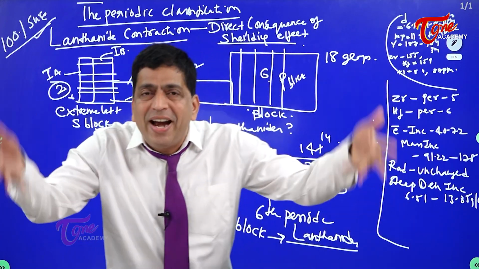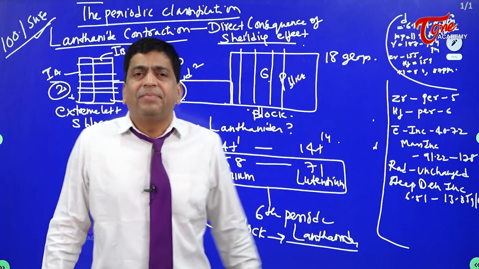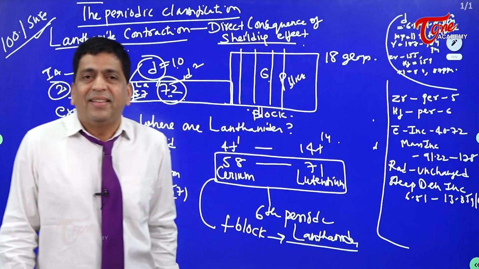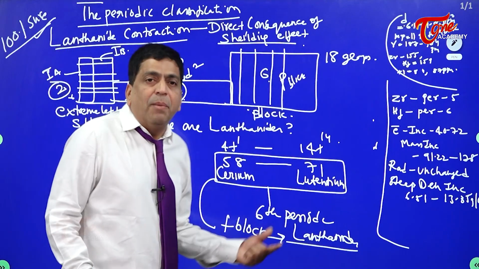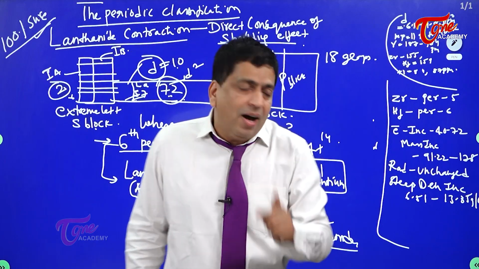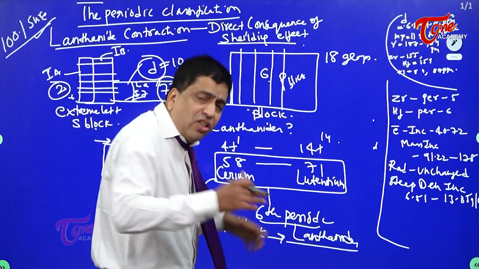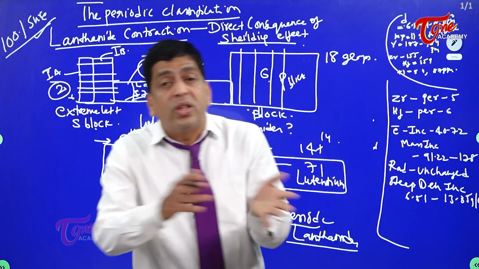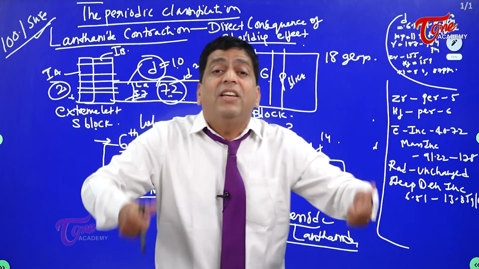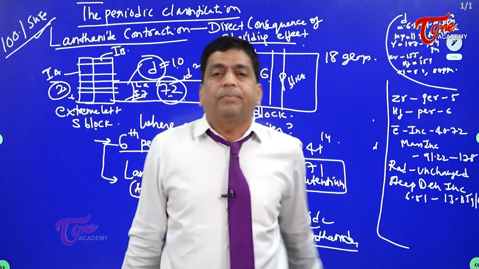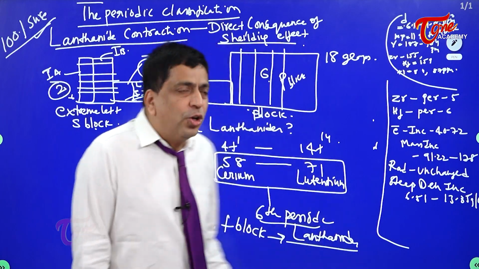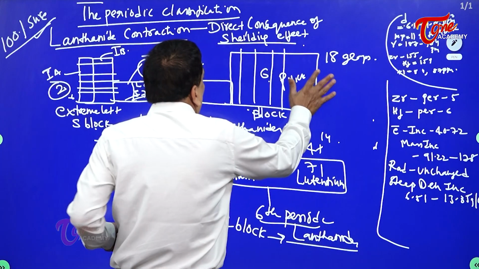The harmony is maintained. I kicked all these F elements to the bottom, but remember, they also belong to the 6th period only. I have removed them and put them at the bottom to maintain the decorum of the periodic table. Got my point? So I just rub it off.